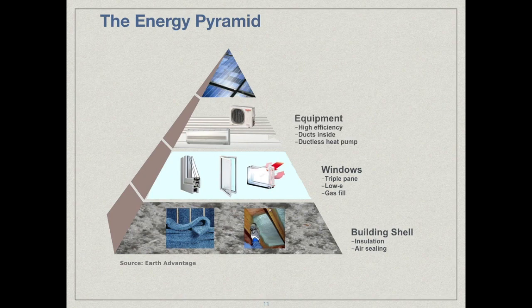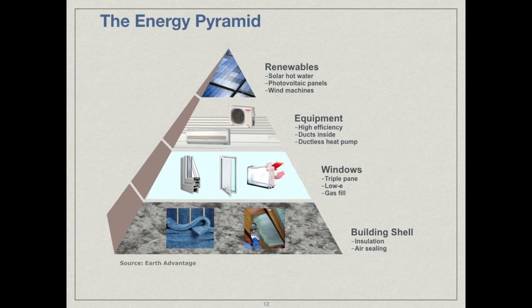Also the equipment, the space heating and cooling, the water heating equipment is all going to be very efficient, and that means that at the very peak of that pyramid, it doesn't take too much solar technology to generate enough electricity to run all the equipment in the building. So in other words, at the top of the pyramid, the amount of renewable energy you need to provide is a lot less.